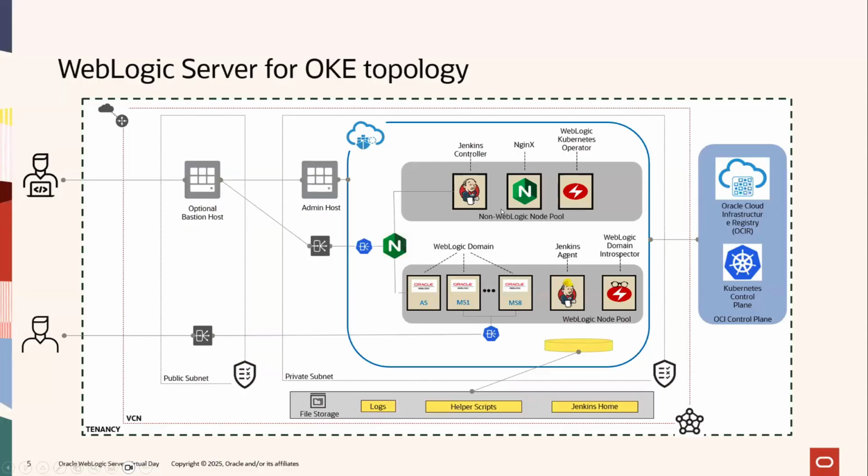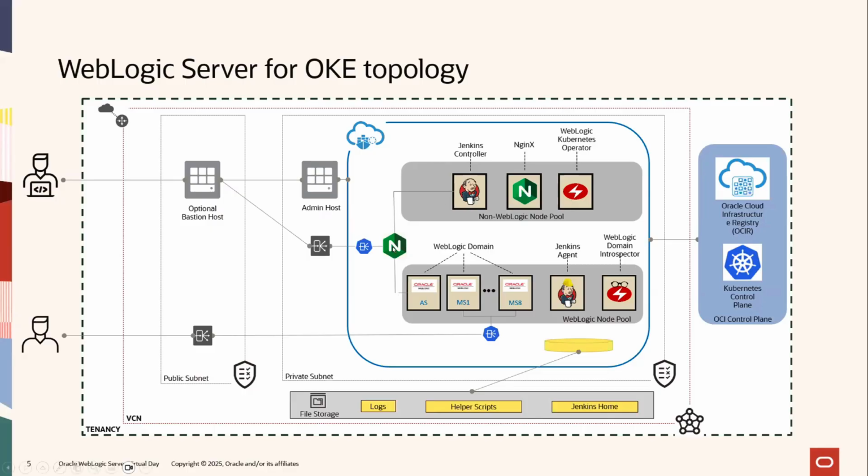As you can see, we create a Jenkins controller, and this Jenkins controller is pre-configured with a set of example pipelines that are pre-created to allow you, out of the box, to create multiple domains in the correct node pool, and even to create more node pools if you want separation for domains.